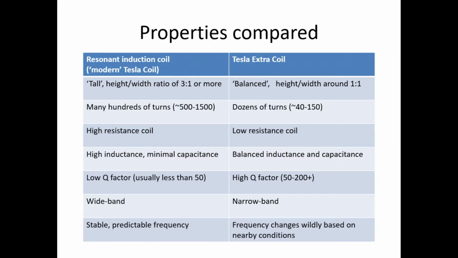The coils we have, because there's a split in the windings, the dielectric field is allowed to build up and expand into space. So what it turns out is these Tesla coils are balanced in that they have a dielectric and magnetic field that both cooperate with each other. And that's one of the reasons why they look so different. Because the balance is much better, a modern Tesla coil has a low Q factor.